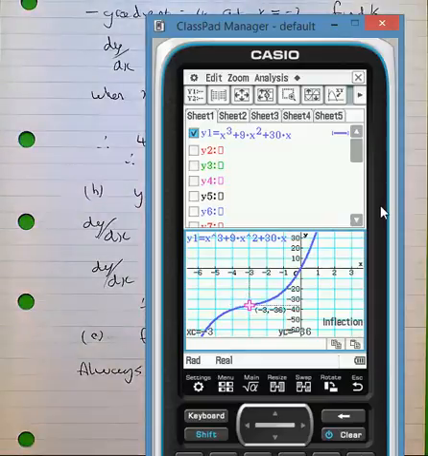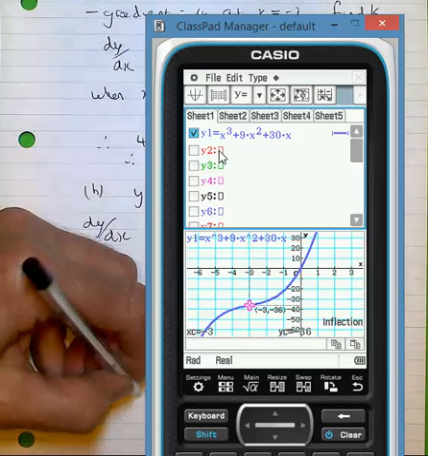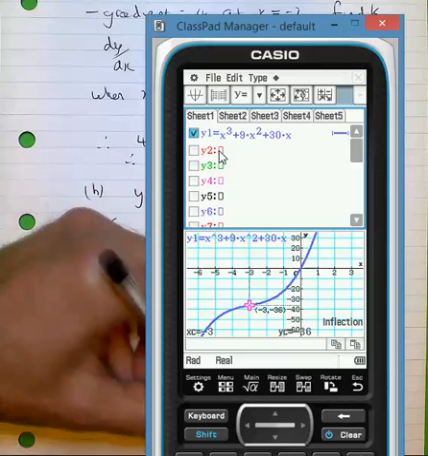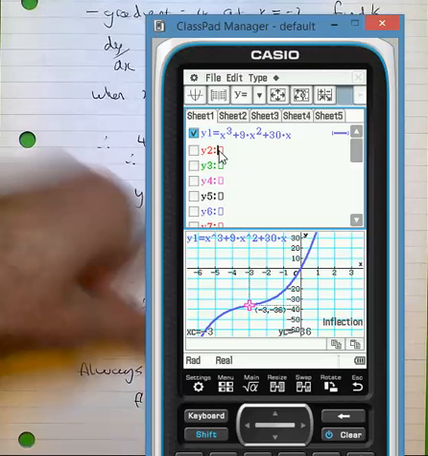Essentially, though, always positive. Now, if you think about it, when I produce a graph of the derivative of that function, it should always be positive if that is the case. Now, the derivative function is going to be 3x squared plus 18x plus 30.